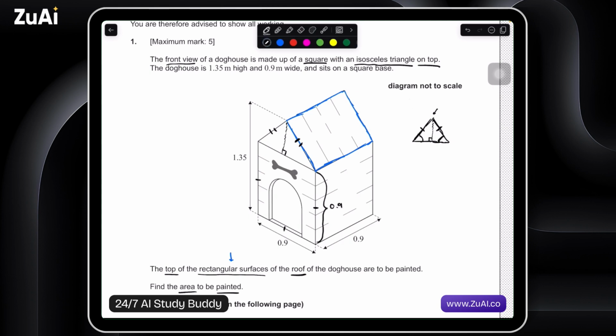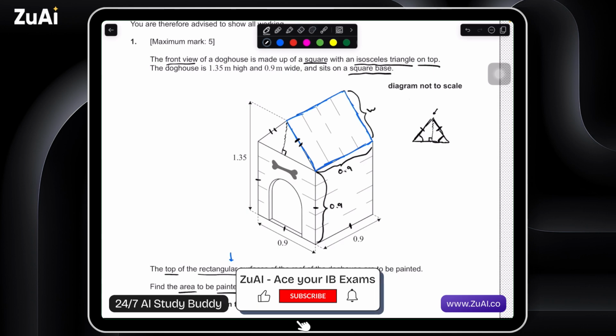Given that this doghouse is on a square base, we know that this is 0.9, and this itself would be equal to 0.9. So we have the length. All we need to find is the width of this rectangle, and then we would be good.